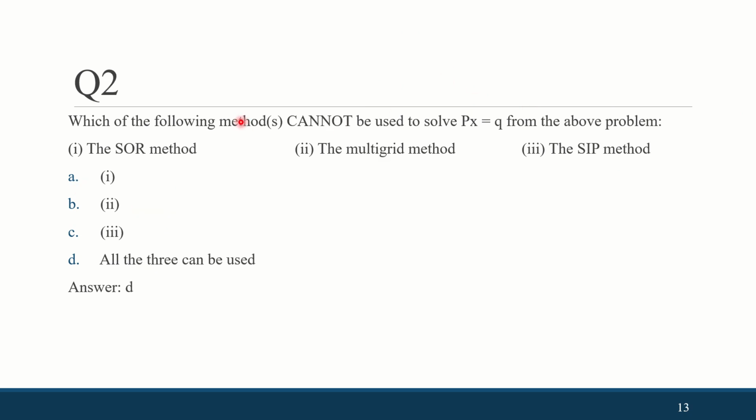Which of the following methods cannot be used to solve Px equals Q from the above problem?